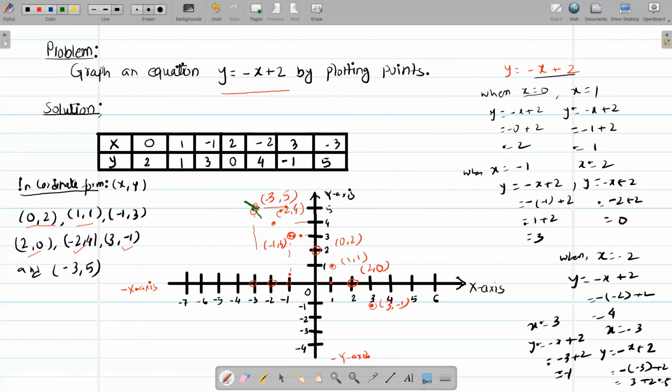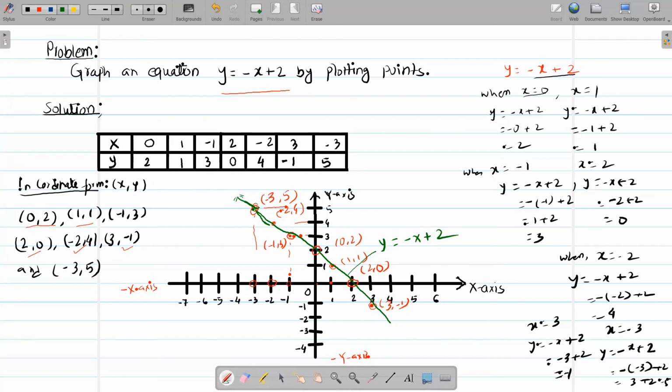If you join these points, you will get a straight line like this. It doesn't look like a straight line because this graph is not a perfect one, but when you do it in a graph notebook, you will get a straight line. So this line is y equals negative x plus 2.